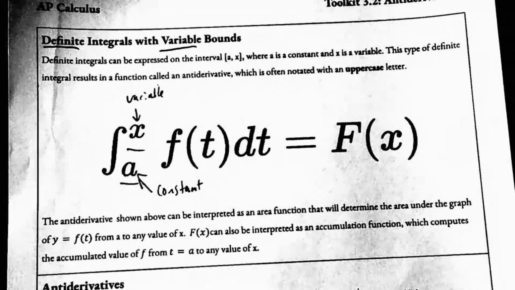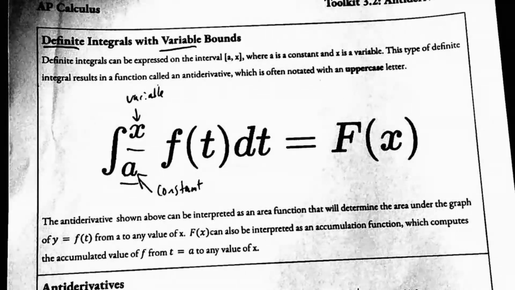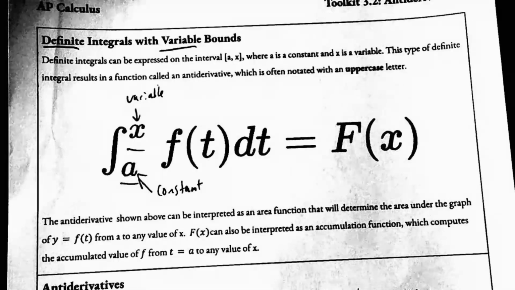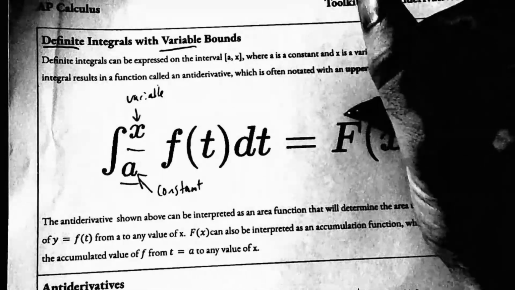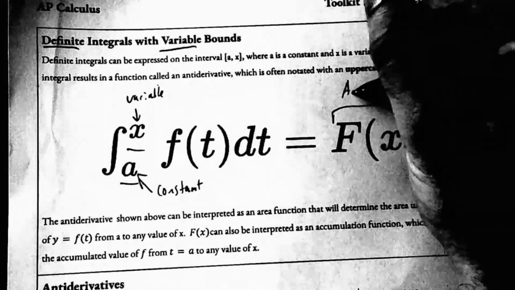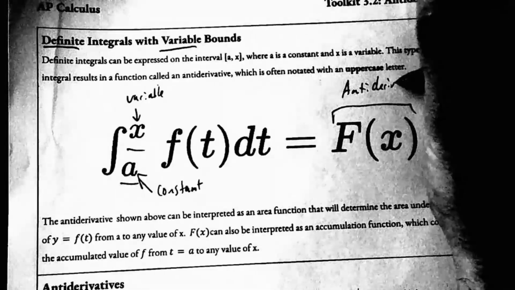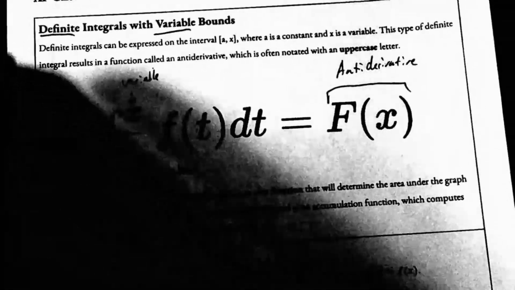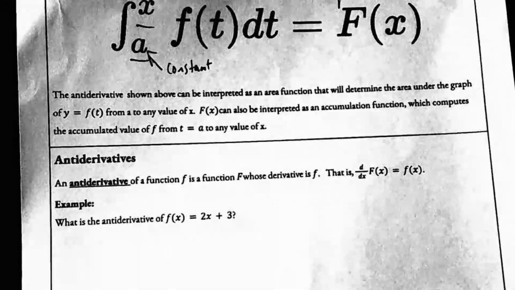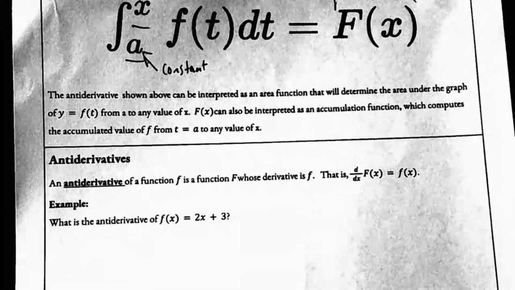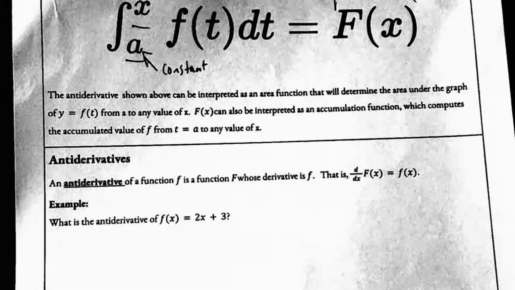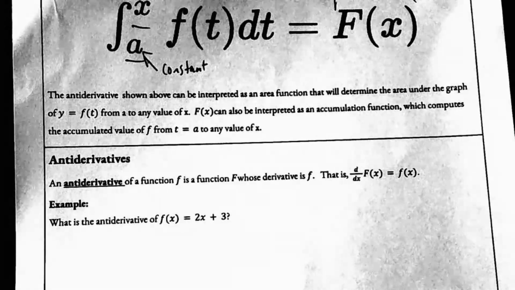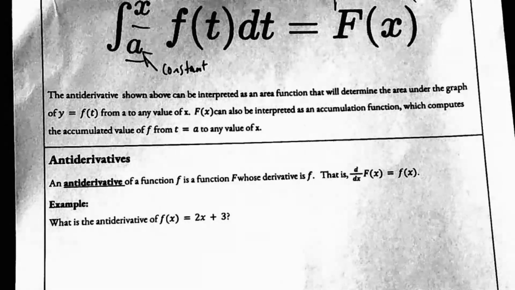This type of definite integral results in a function called an antiderivative, which is often notated with an uppercase letter. The antiderivative shown above can be interpreted as an area function that will determine the area under the graph y equals f of t from a to any value of x.